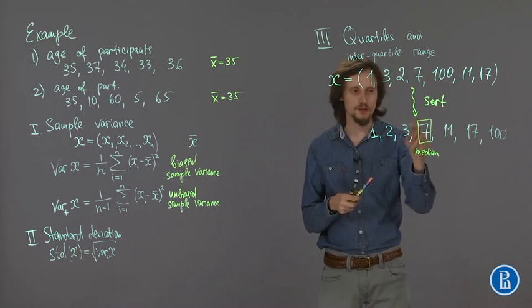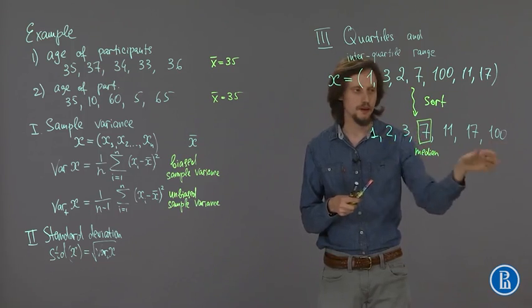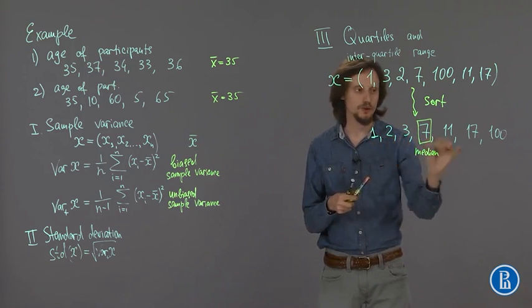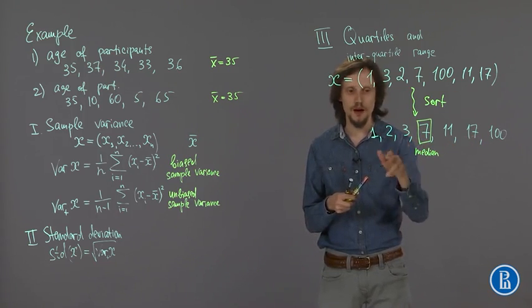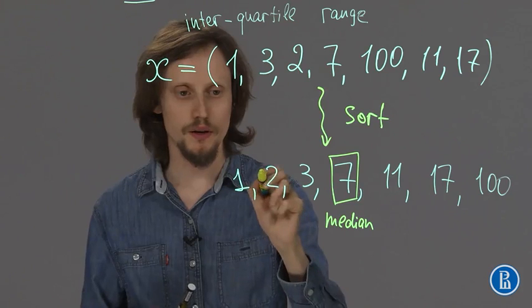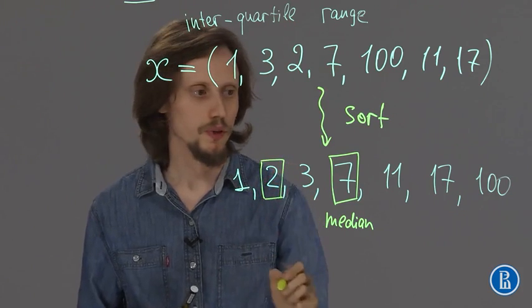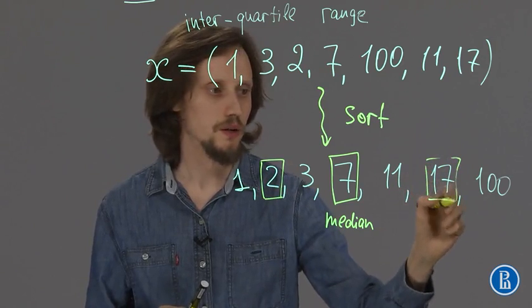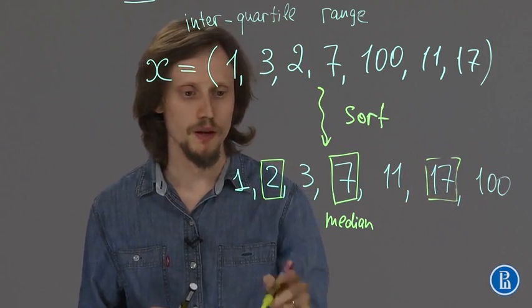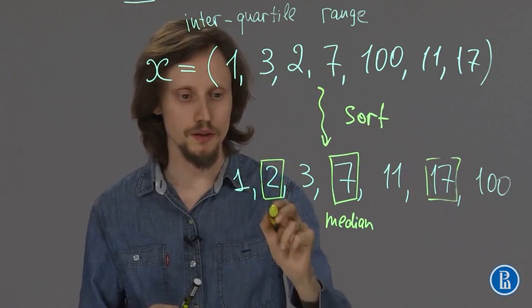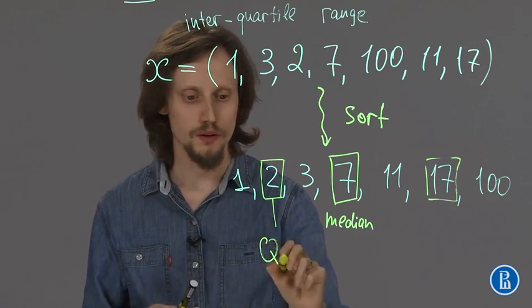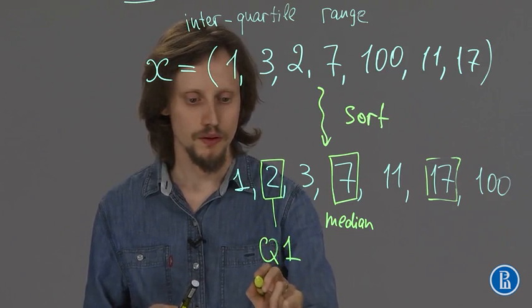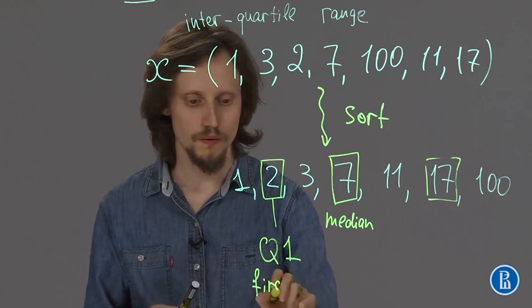Now you see that this median splits the dataset into two equal parts, this part and this part. And I can find a median of each part. Here it is this number 2, and here it is this number 17. So this thing is called first quartile, Q1, first quartile.